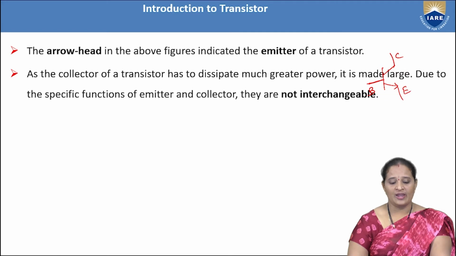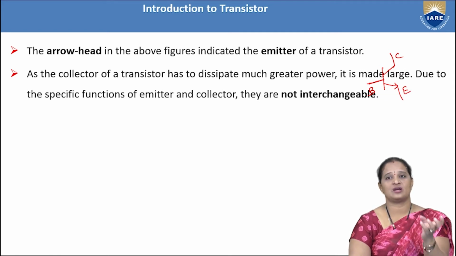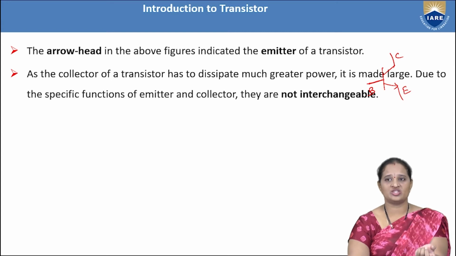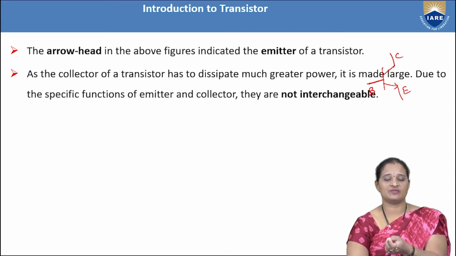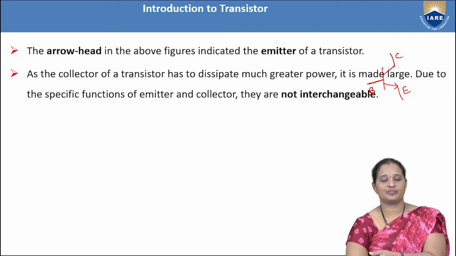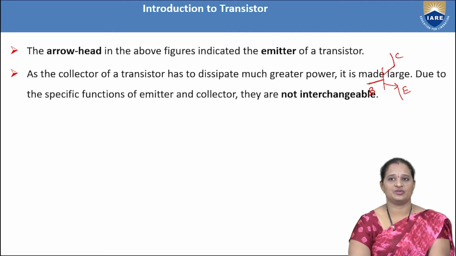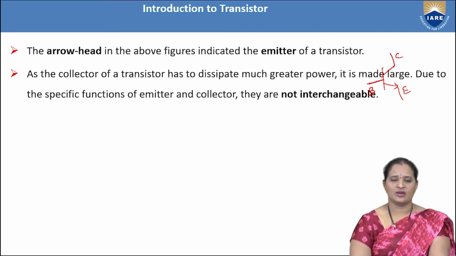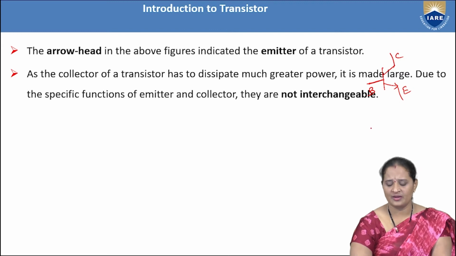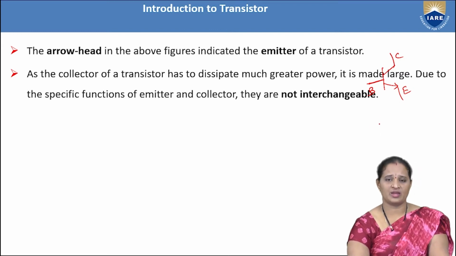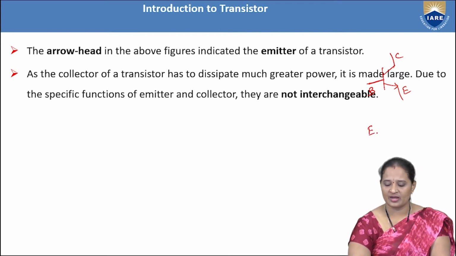Okay, so the collector of a transistor, as I told you, has to dissipate much power, so the size of the collector is made large when compared to the emitter. And here one more thing. You may think that in an NPN or PNP transistor, emitter and collector are the same type of material, either N-type or P-type.